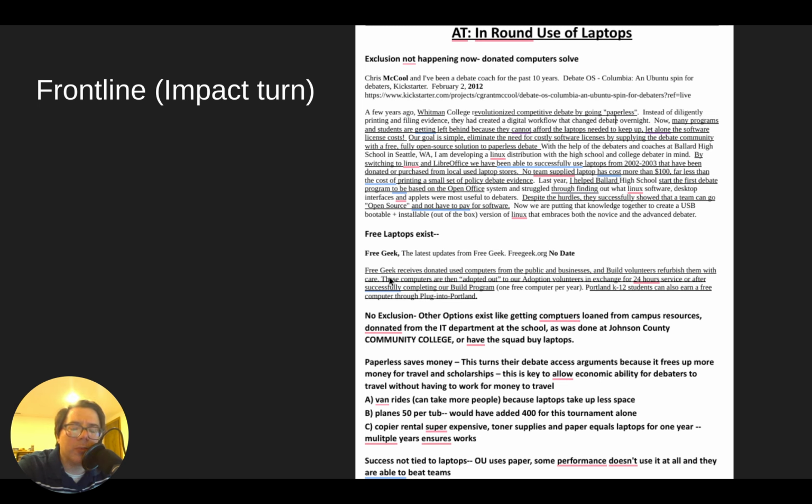And so these are pre-prepared arguments that answer the crux of their position and explained why it was a good idea to use laptops, and an impact turned that argument and provided some defensive arguments against their initial claims of being exclusionary inside of there. So this can kind of look like what their off-case sort of framework type position argument is.